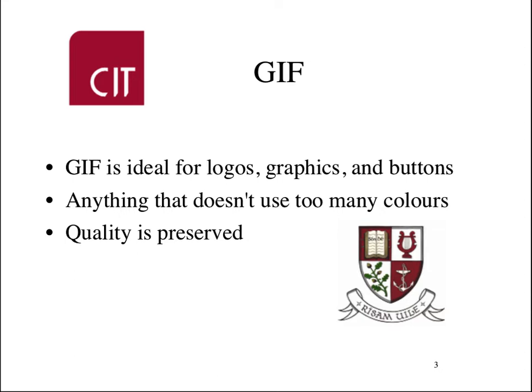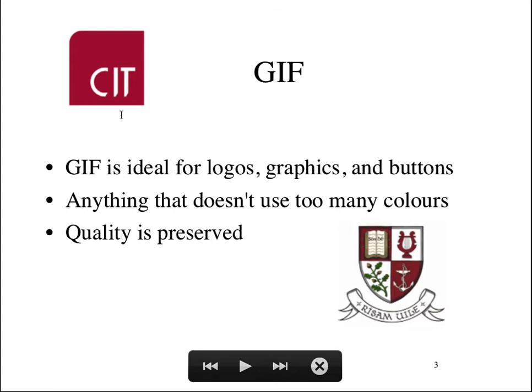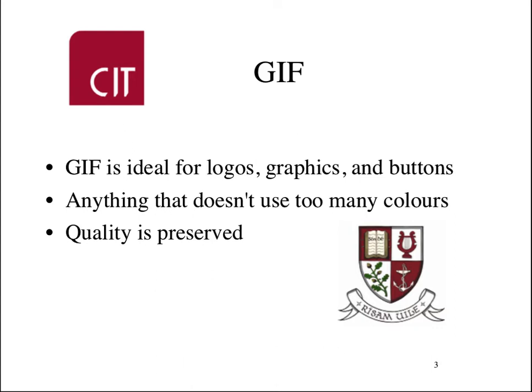So if you have a buddy who's a cartoonist and he wants to put his pictures on the web, GIF might be fine for that. We'll see when we look at JPEG, which is another format and by far the most popular format, that JPEG is particularly bad at the things GIF is particularly good at. So often in CIT, for example, you'll see the logo stored as a JPEG and the color is a bit dirty or mucky or whatever.